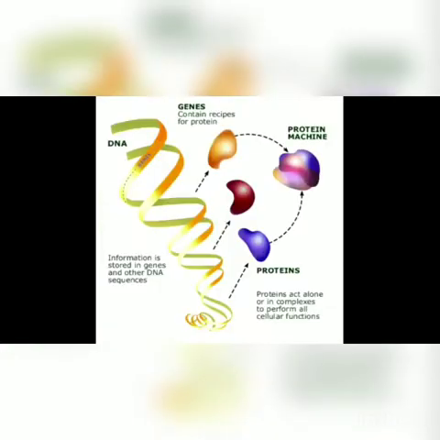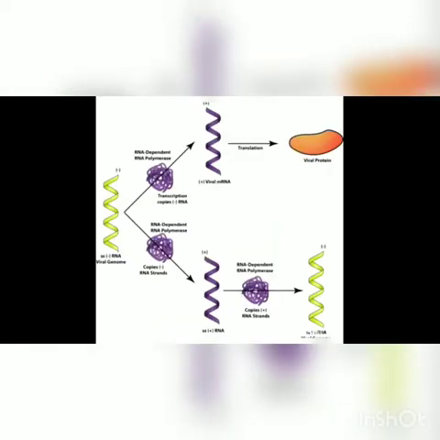Both the strands of DNA are not copied during transcription. How? Why? We have to ask such questions. Both the strands of DNA are not copied, but only one strand is copied. Why? The reasons are, if both strands acted as template, they would code for RNA with different sequences.